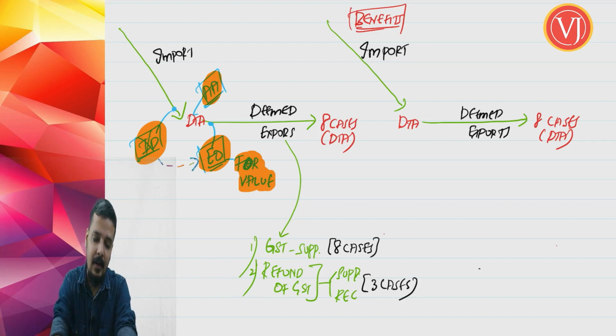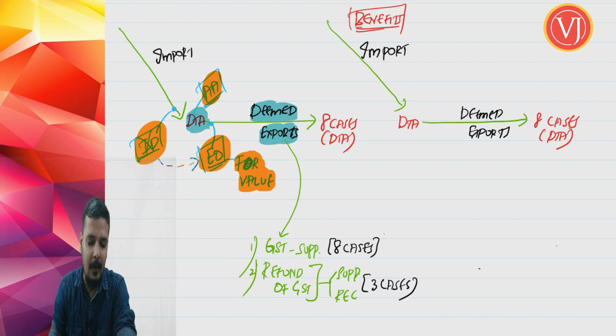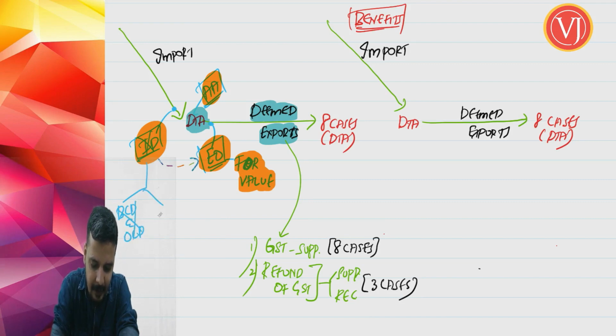So even a person who is having deemed exports can go for advance authorization, import the inputs without import duty and fulfill the export obligation in FOR value. When I am telling that import the inputs without import duty, BCD and other customs duty will not be there, but IGST and compensation cess will have to be paid because it is not actual export, it is deemed export.